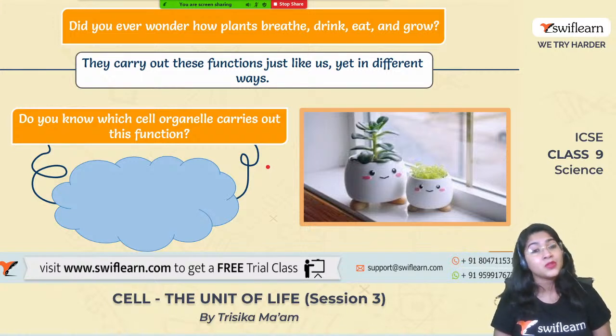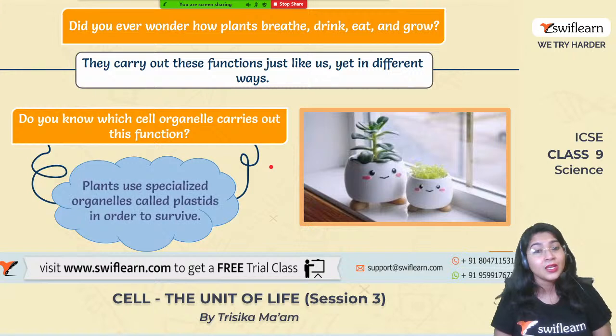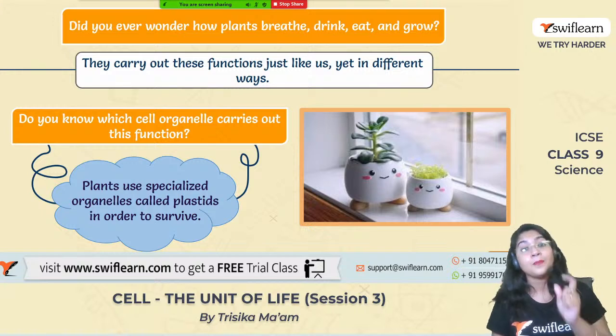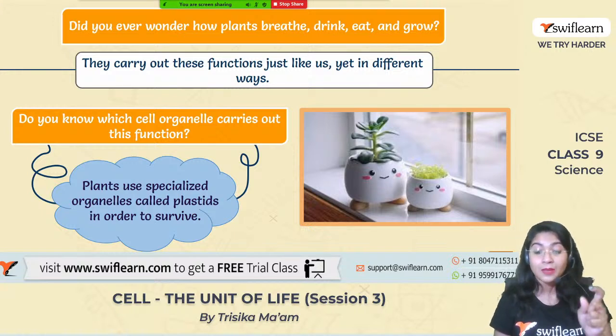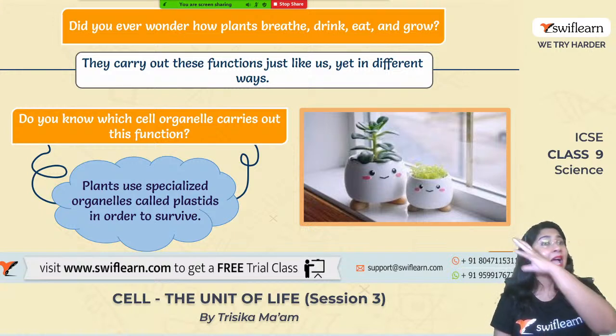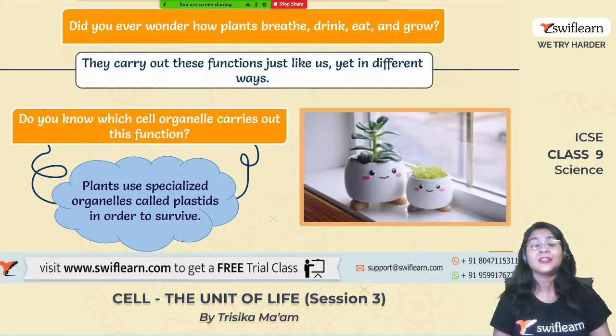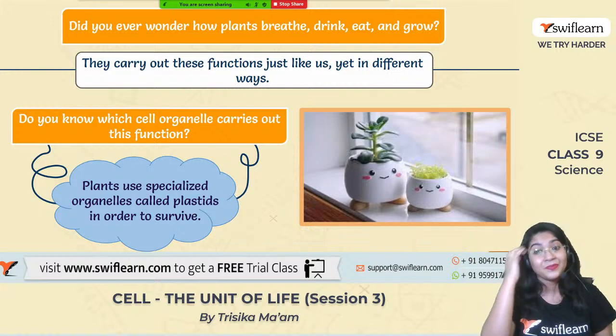Who helps to carry out all these functions? They have some specialized cellular organelles which we do not have. That is known as the plastid. This plastid is very important within the plant cell, which helps them in growth and development and to perform all the different vital activities for their survival, right?